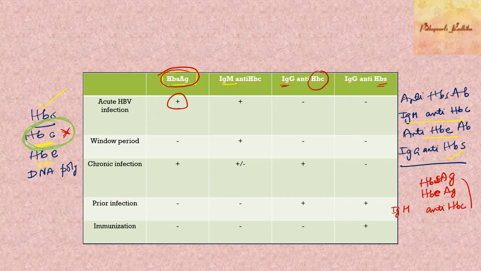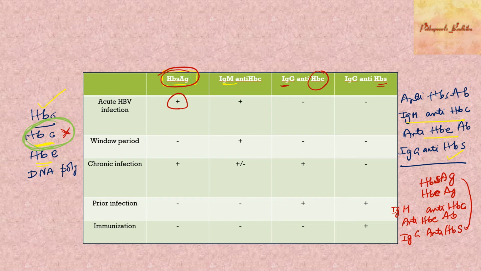Then it will be just the reverse. So your antibody against core antigen is formed. Then you have anti-HBe antibody. Then you have antibody against your surface antigen. So this is the order of appearance of your antibodies and the antigens.